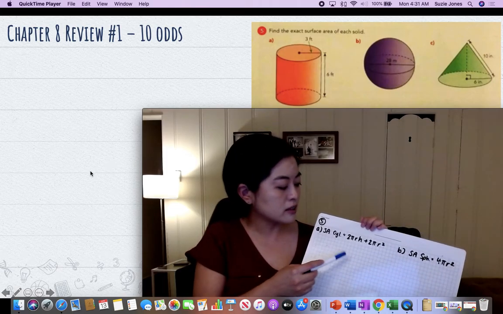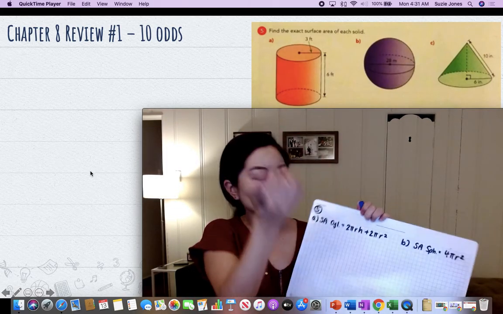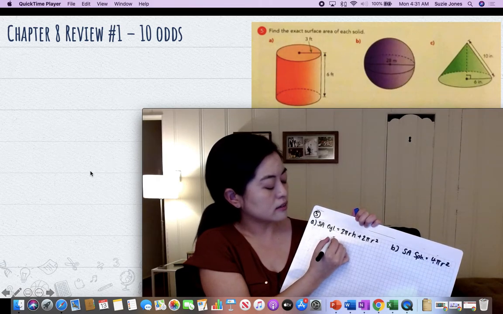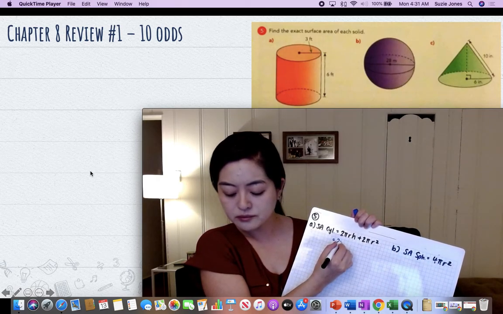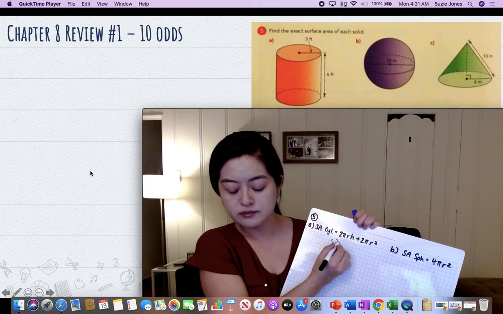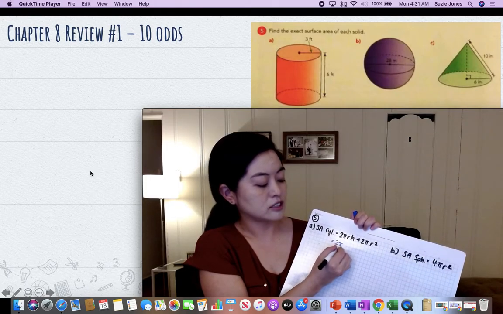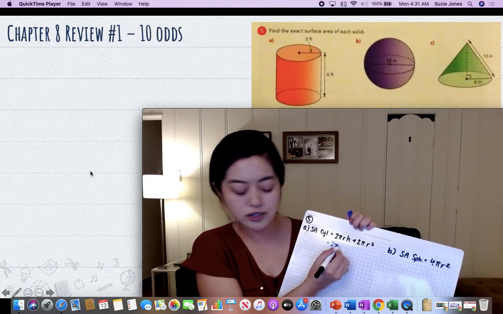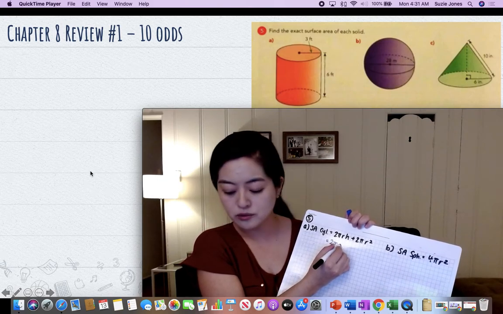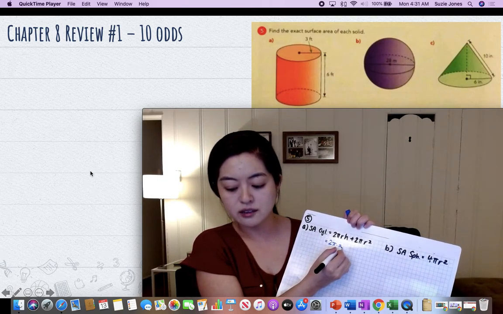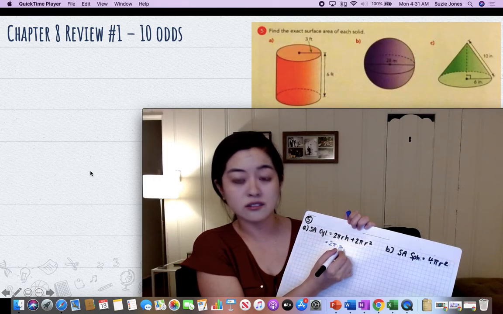So in here, they're giving us the radius as 3, so times 3, and then the height is 6, right?